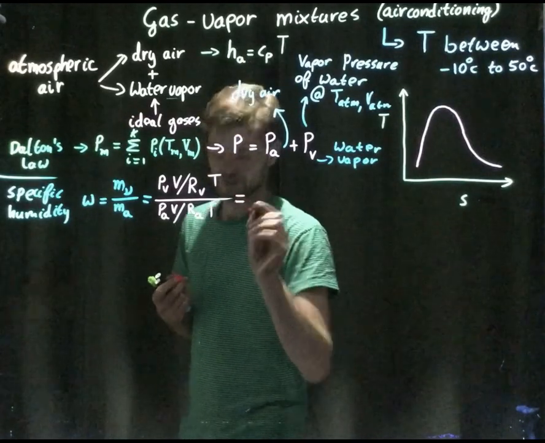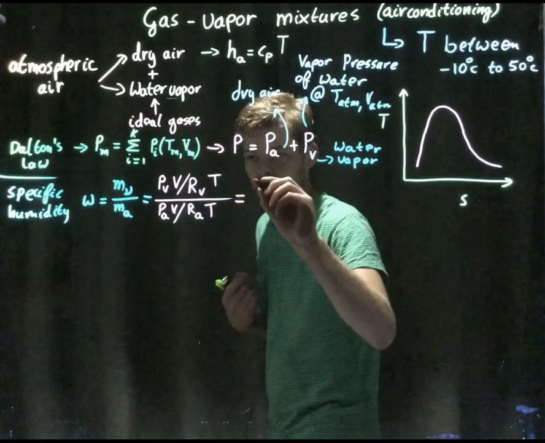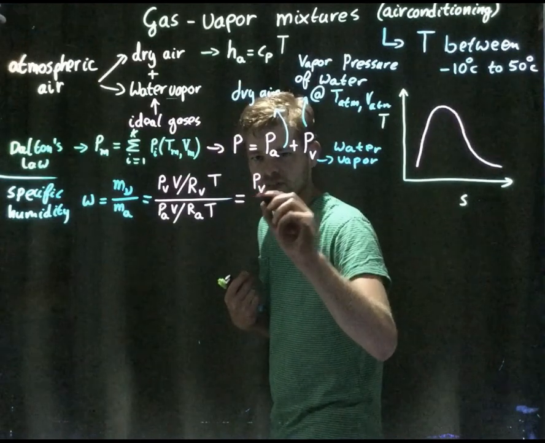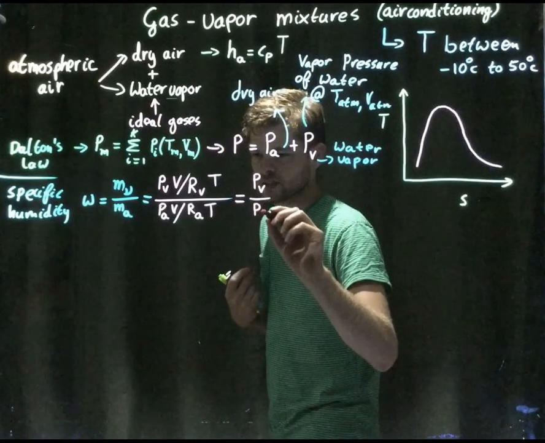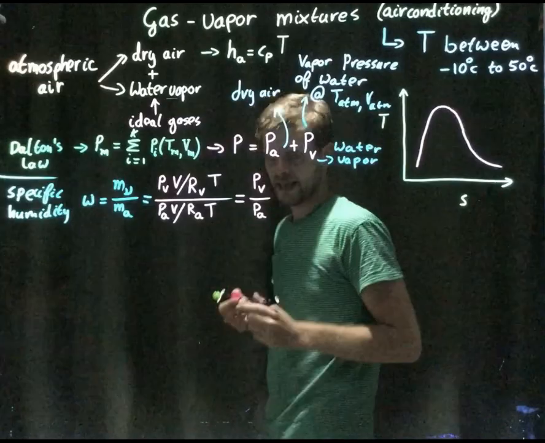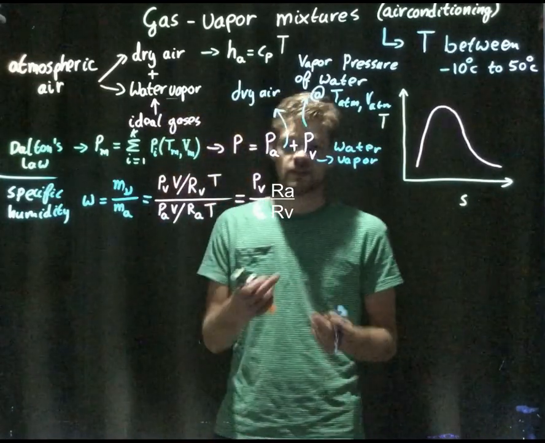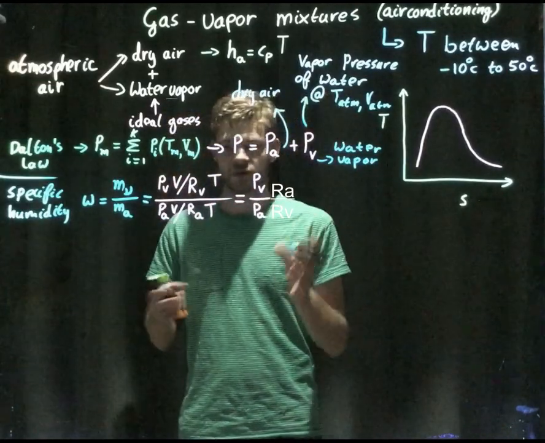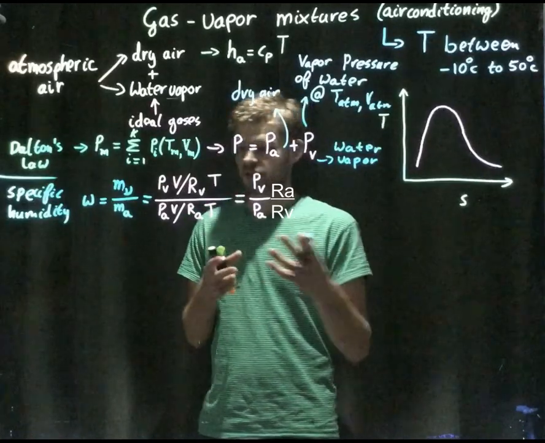Well, if we do the maths correctly, it will lead us to the pressure of the vapor defined by the pressure of the dry air. So the specific humidity is a measure for the amount of vapor inside the air.